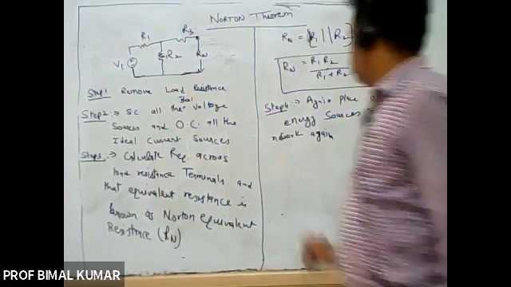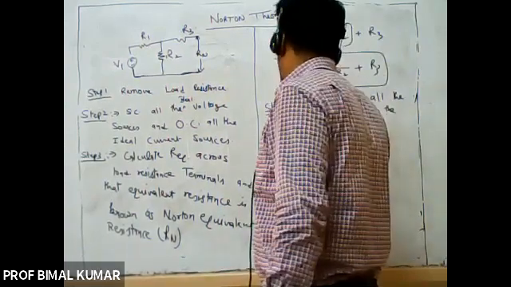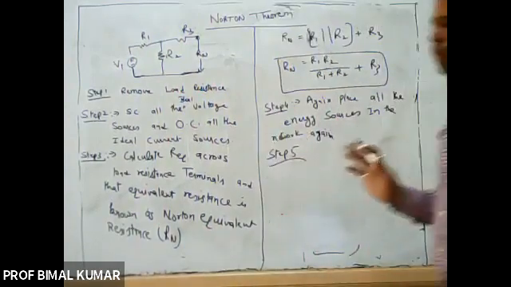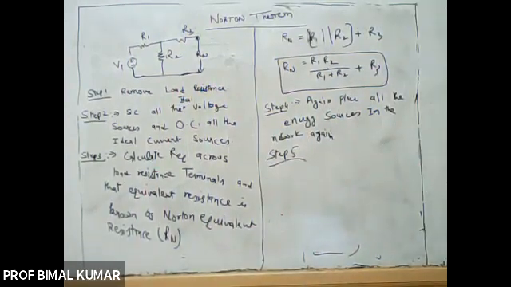Now what to do? Step 5. Again I am repeating, you will have to redraw the circuit again after each step. I am just manipulating the circuit in the same way, but you will have to redraw the circuit after each step.